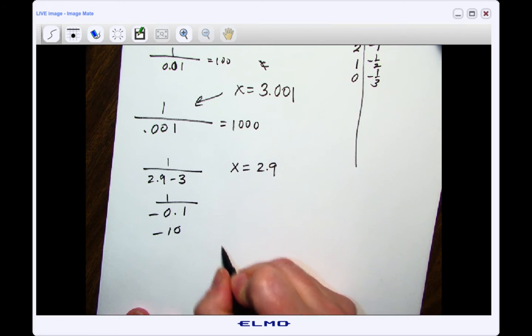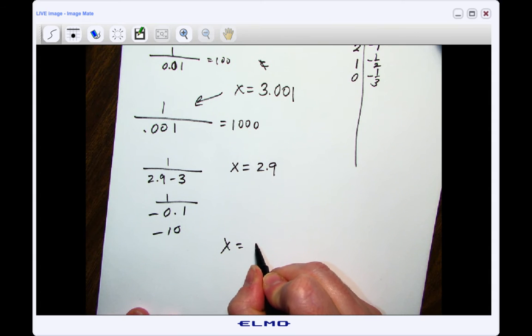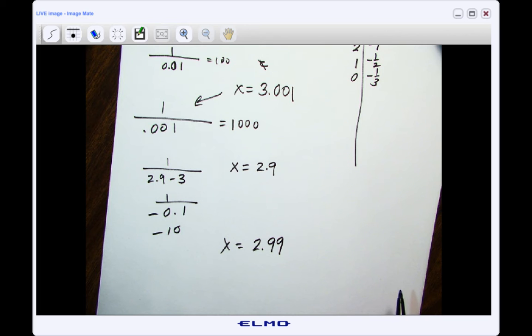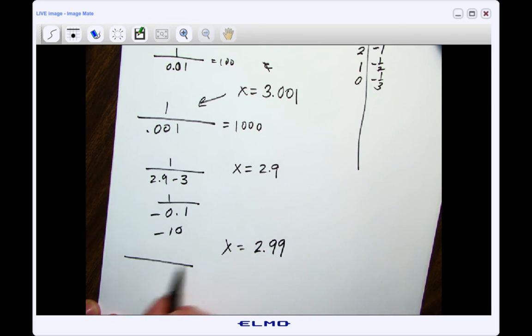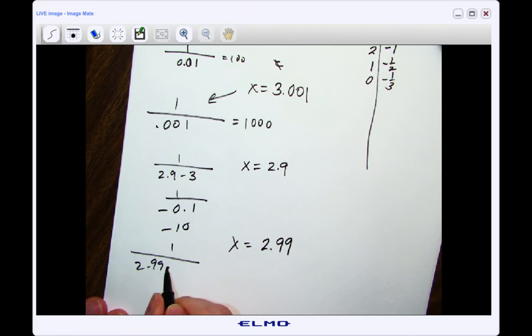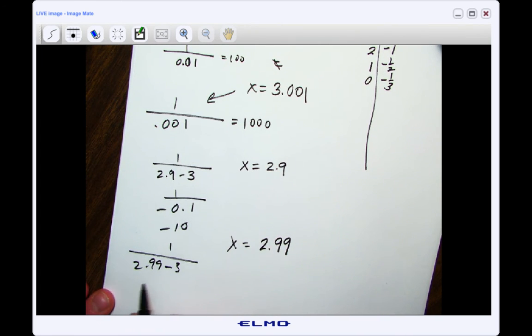But if I picked x is equal to 2.99, well, what's this one going to be? This one's going to be 1 over 2.99 minus 3. So that's going to be 1 over negative, or in other words, negative 100.